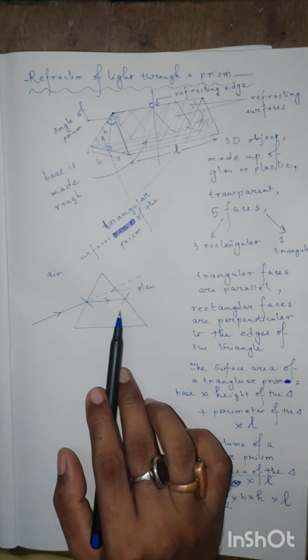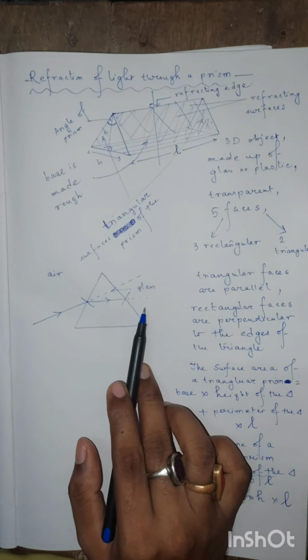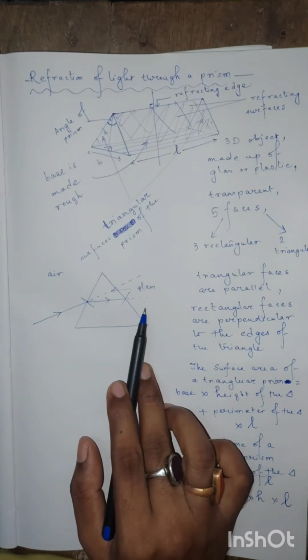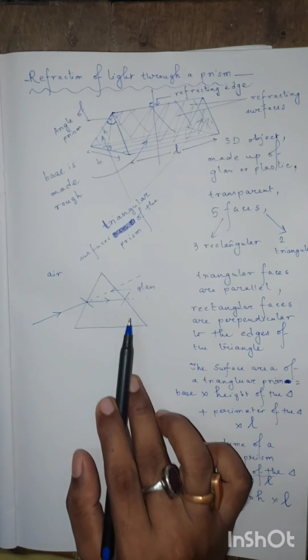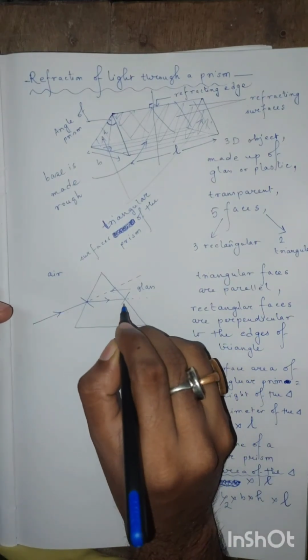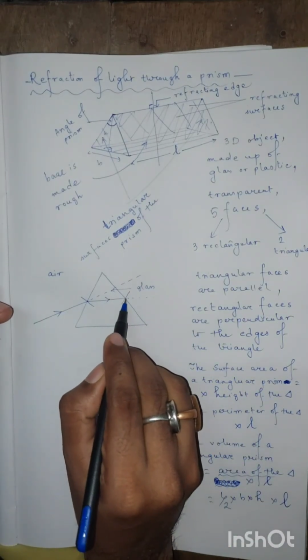So when it travels from a denser to a rarer medium, it will move away from the normal. So it will go something like this.